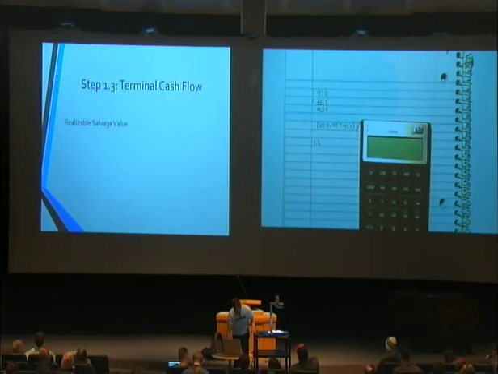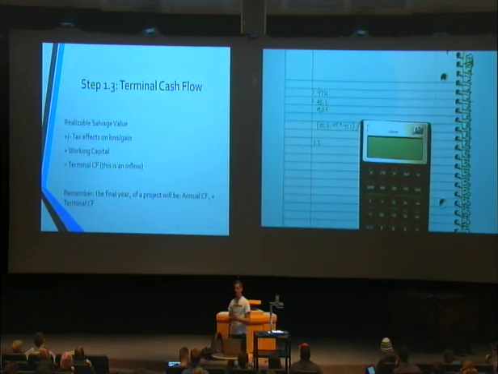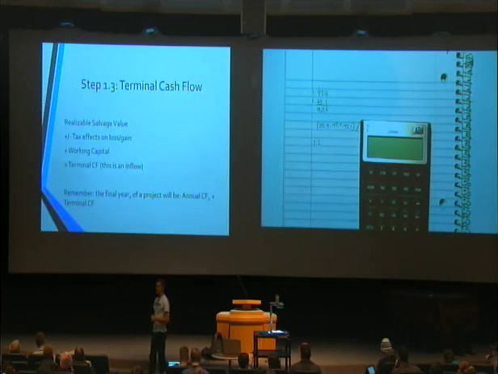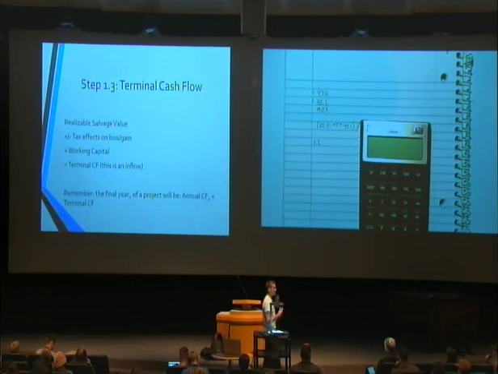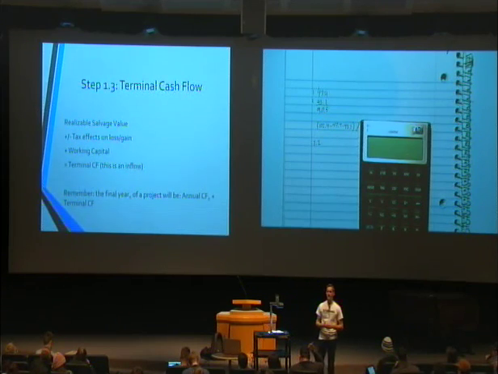Okay, so terminal cash flows. All right, we have our realizable salvage value, right? Whatever you feel like you can sell the machine for at the end. You have plus or minus any sort of taxes you have to pay, right? So if you sell it for less than your book value, that means you did not depreciate your asset enough. You paid too many taxes, so you get a tax shield.